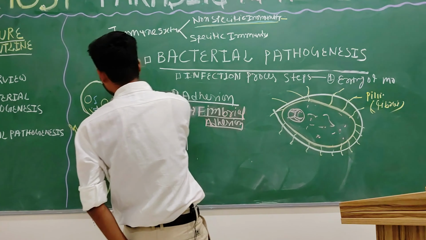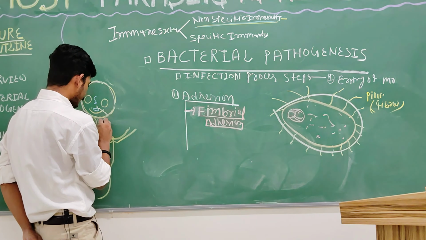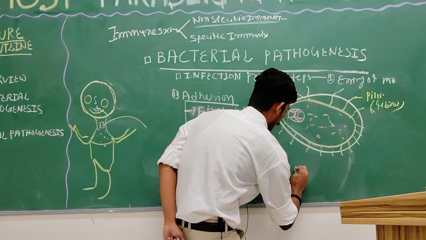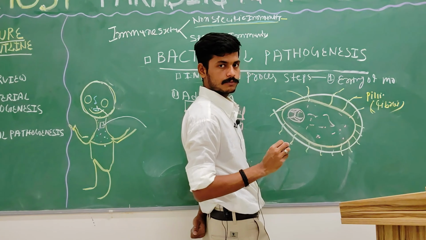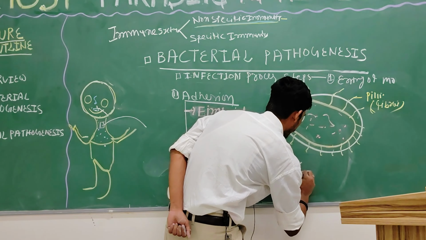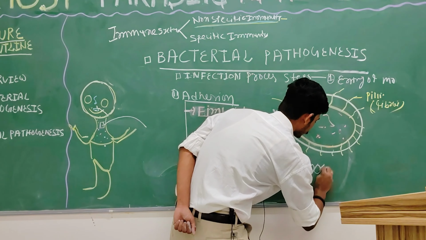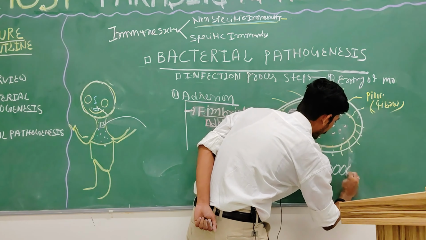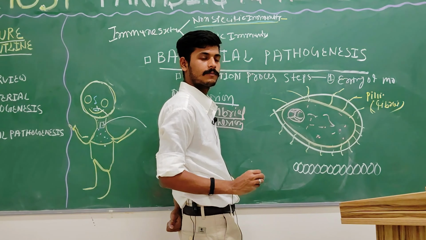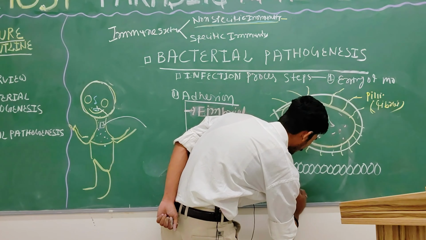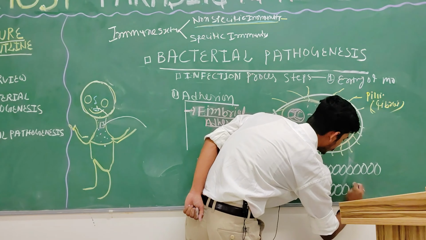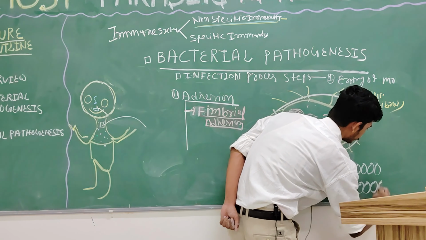Suppose bacteria successfully enter. Now I am just taking this cell and enlarging it. Our body has the cell membrane, and the cell membrane has a special kind of arrangement. Our cell membrane is made up of phospholipid, which is a bilayer.